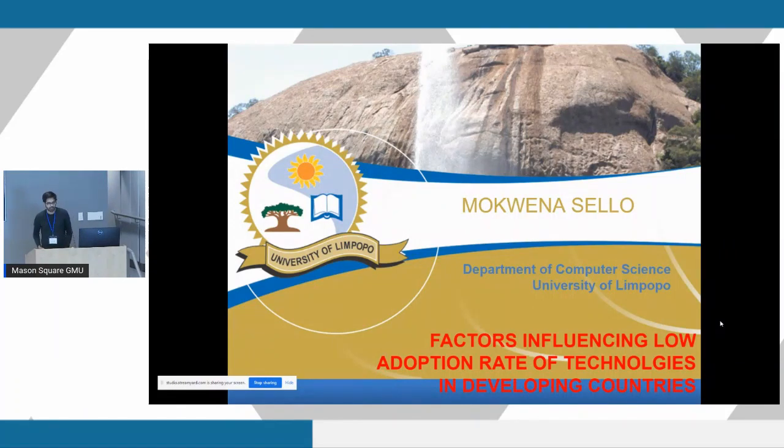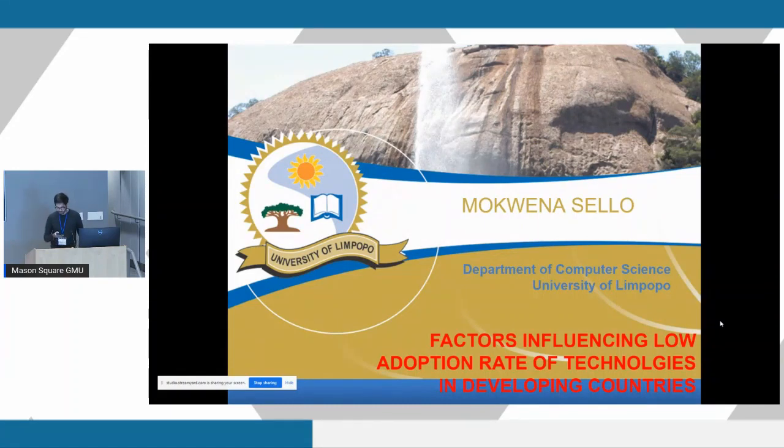We're going to kick things off with an invited talk from Sello Mokwena, and many of you who saw the panel yesterday will of course be familiar with Sello already. But for those of you who didn't, Sello is an associate professor of computer science at the University of Limpopo in South Africa, and formerly the head of the department at Tshwane University of Technology. He works broadly on information systems, technology adoption, and machine learning, particularly in the South African context.